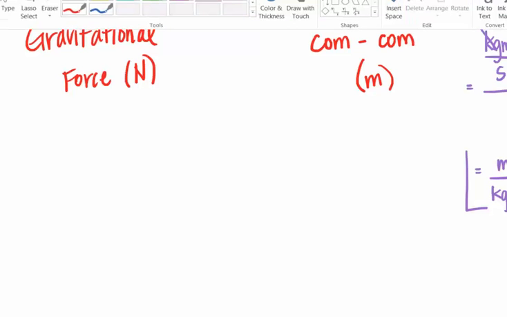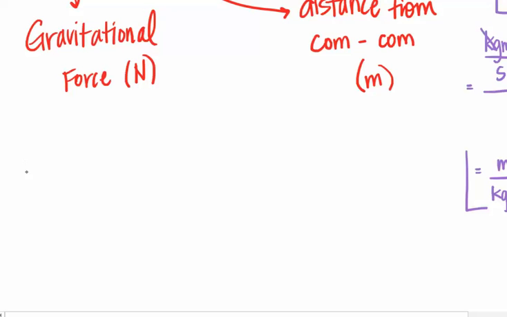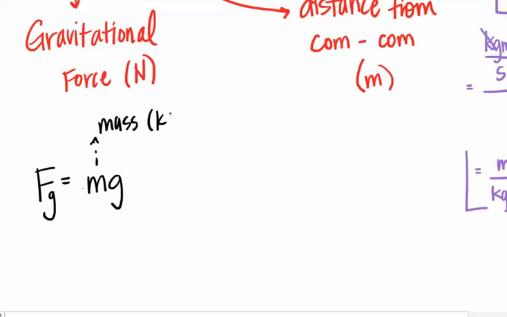Weight. Very good. And how do you calculate weight? That's right. M times little g, our gravitational field constant. This is the mass of the object, and it's in kilograms.